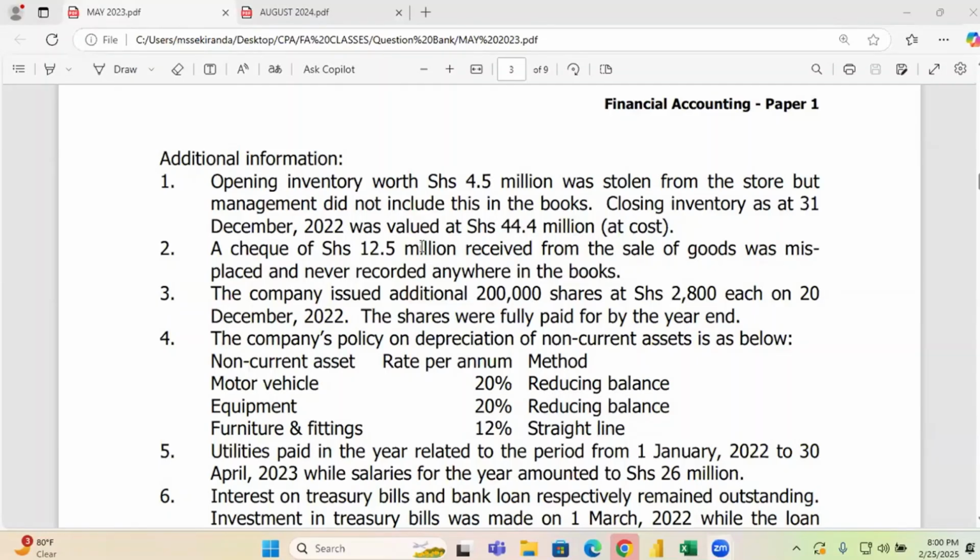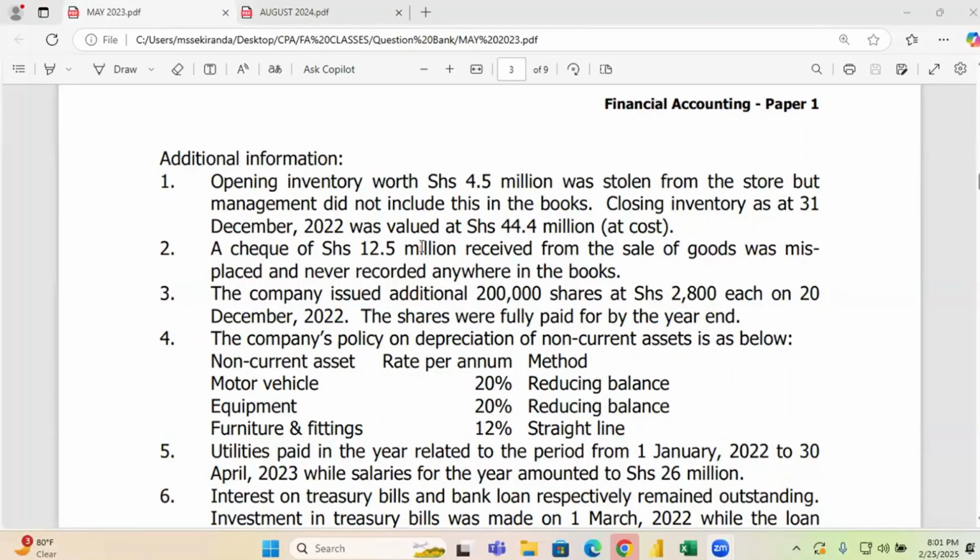So note number 1, they say that opening inventory worth 4.5 was stolen from the store, but management did not include this in the book. Closing inventory as at 31st December 2022 was valued at 4.4.4 at cost.